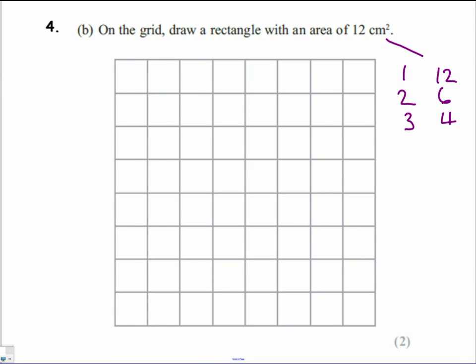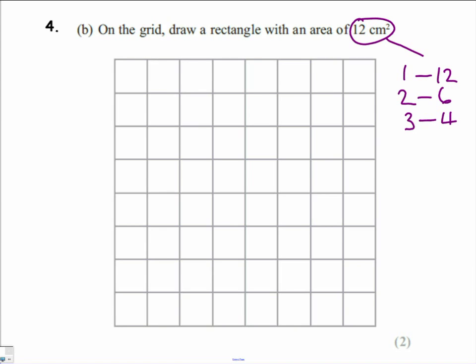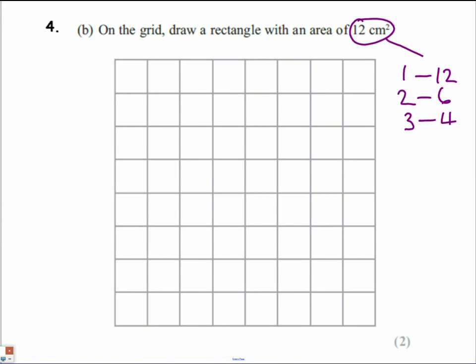So any rectangle you draw that have the dimensions 1 by 12, 2 by 6, or 3 by 4 will give you this area of 12 centimetres squared. So let's draw one that's slightly exaggerated so the examiner can see what we've done. So let's draw our 2 by 6 rectangle. So let's start here and draw our 6 down the page.